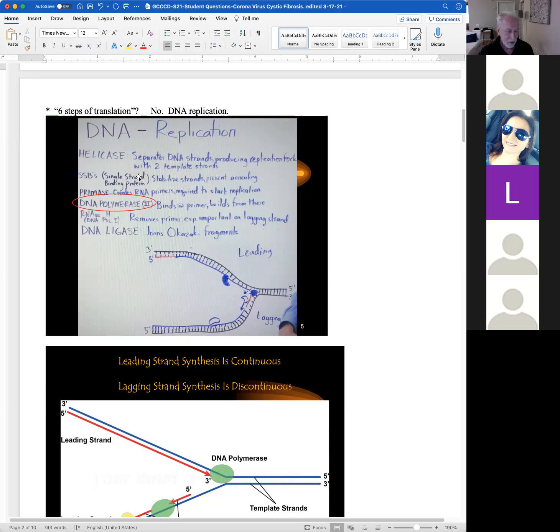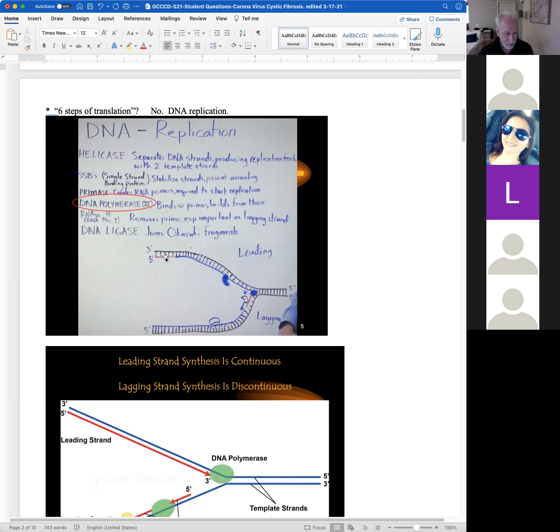So the first enzyme is helicase, which unwinds the two strands. And then you have the SSBs, which keep the two strands apart, keep them from collapsing back together. And then there's an enzyme called primase, which puts down an RNA primer, and it's important to emphasize it's an RNA primer, not DNA.